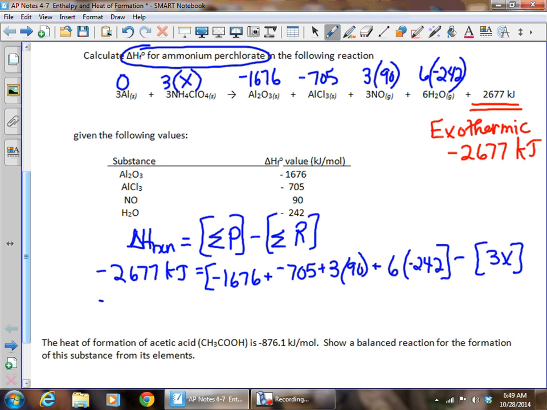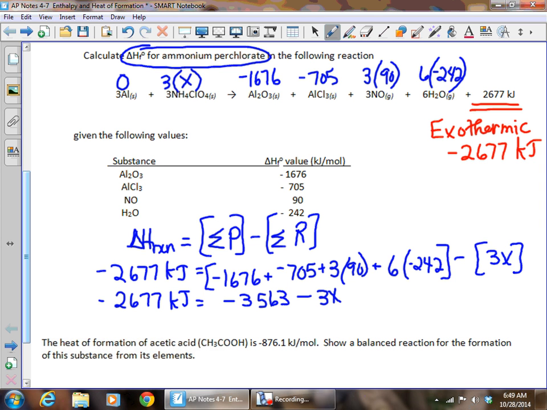So that ends up being negative 2,677 kilojoules. If you multiply out and add everything inside those brackets, we end up with a negative 3,563 minus our 3x. Now, I do not like working with negative x values, so I always change things around. What I'm going to do is move the 3x. I'm going to add 3x to both sides.